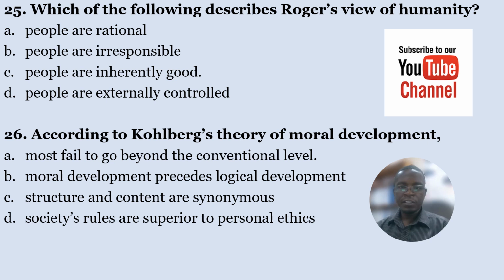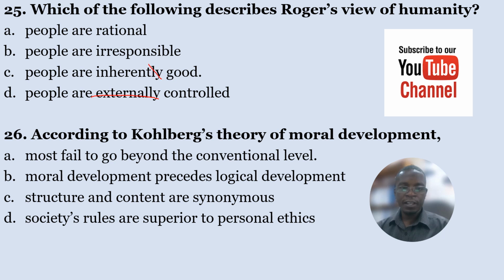Which of the following describes Rogers's view of humanity? A, people are rational. B, people are responsible. C, people are inherently good. D, people are externally controlled.